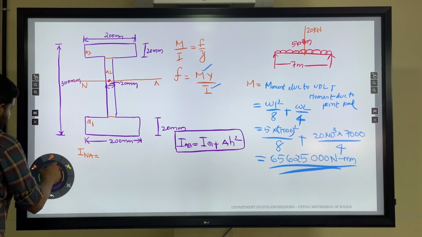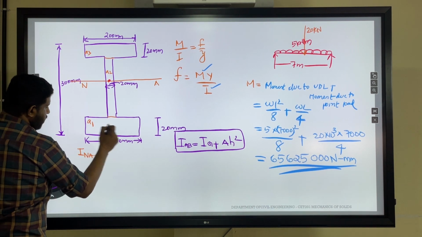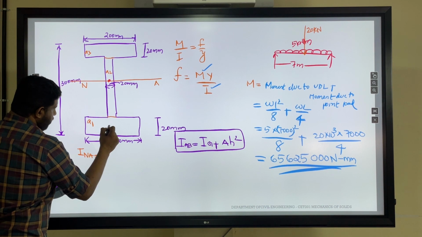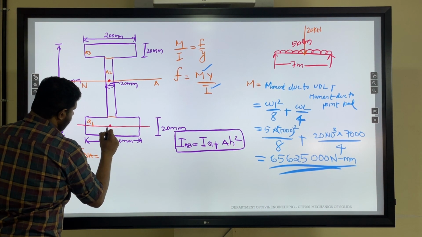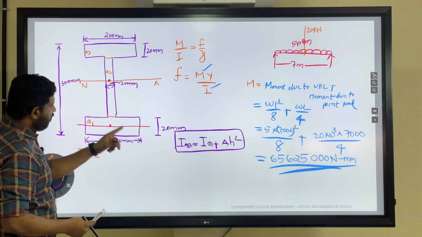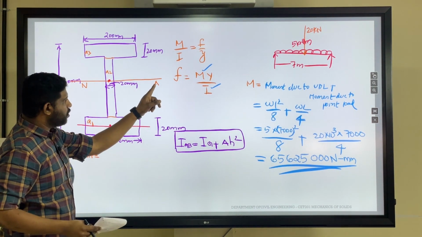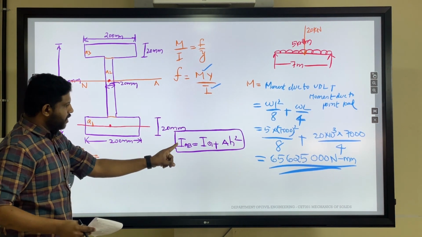For that, first we consider area A1 and mark its centroidal axis. We want to calculate I_NA.